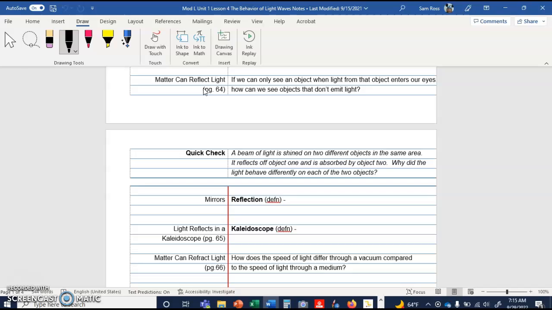If it reflects off object 1 and is absorbed by object 2, which statement describes why the light behaved differently on the two objects? Is it possible that each one was a different shape? Are they made of different material?